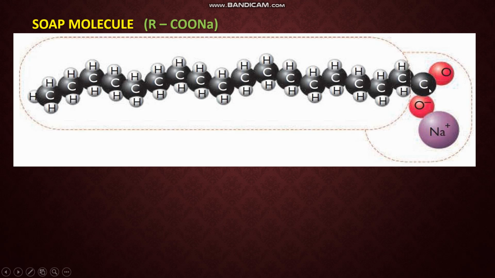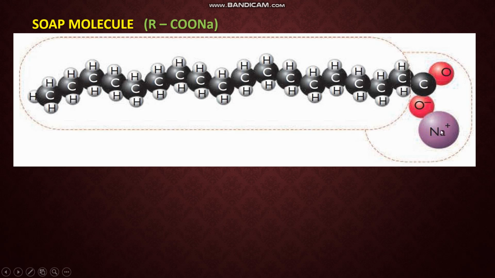This water also is polar in nature. It is having charge separation H plus and OH minus ions. So always polar substances will dissolve in polar solvents and non-polar substances will dissolve in non-polar solvents.